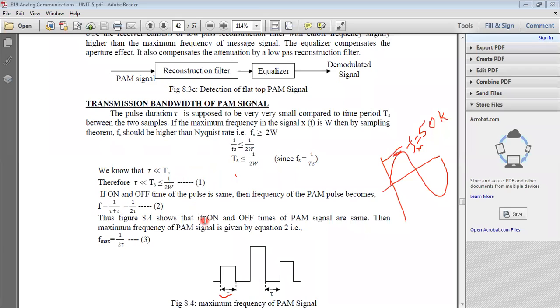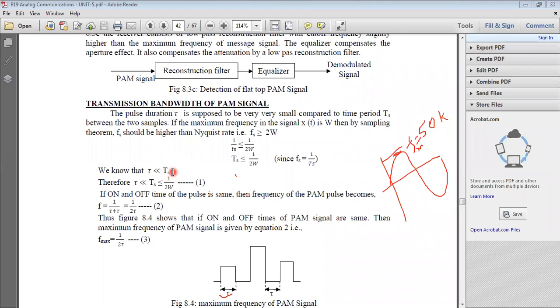But already we know that this tau is always less compared to capital Ts. What is tau? Pulse width. Pulse width is always less than the time between two pulses. So therefore, you write this expression: tau is always less compared to capital Ts.